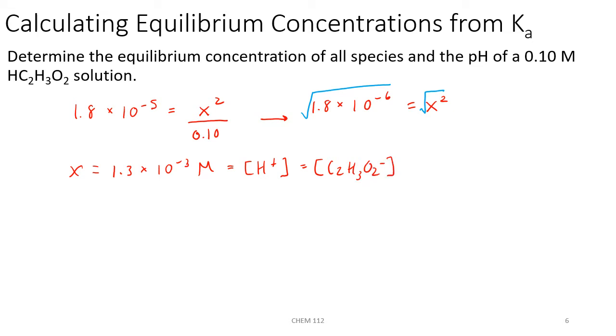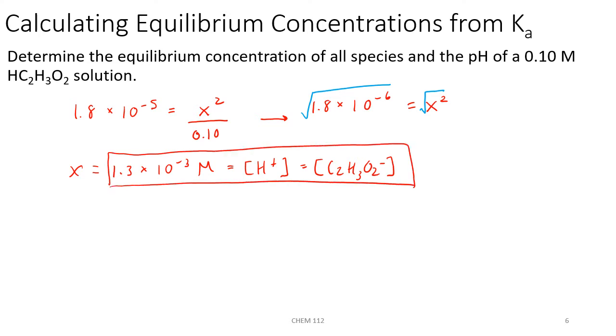So those 2 species we have the equilibrium concentrations for now. The last species we had to calculate the concentration of was the acetic acid itself. And so that was going to be 0.1 minus X. So that'll be 0.1 minus 1.3 times 10 to the negative 3rd.